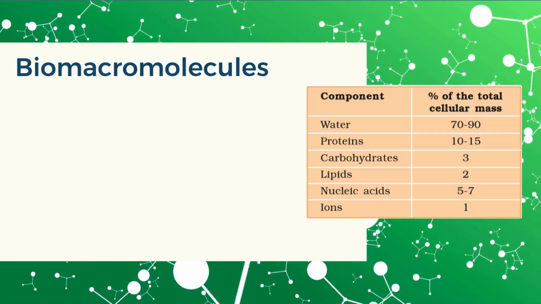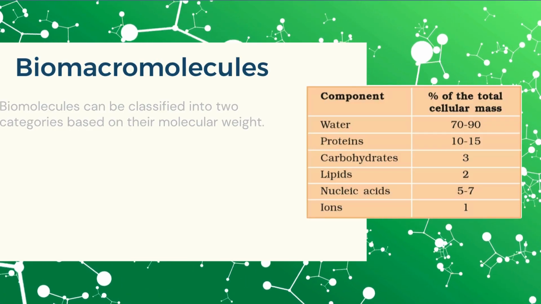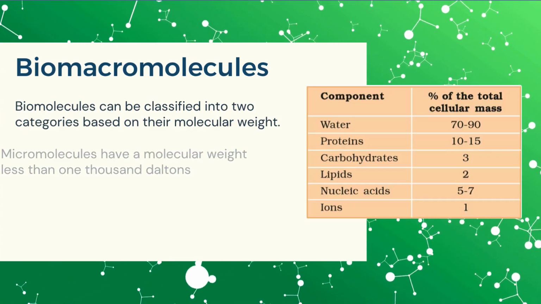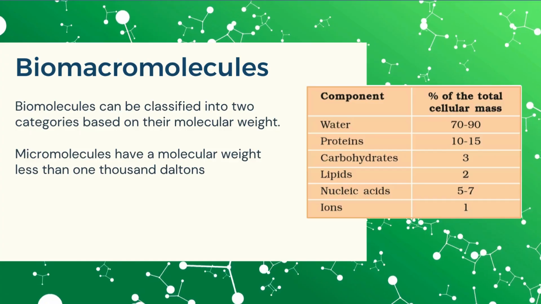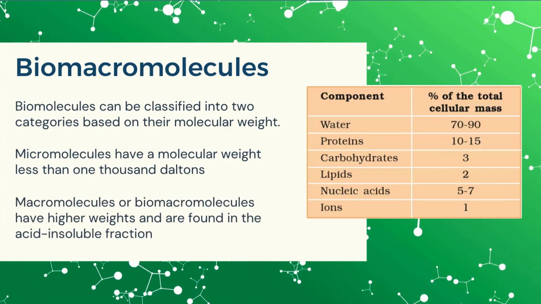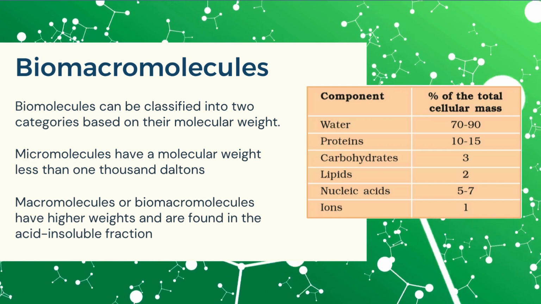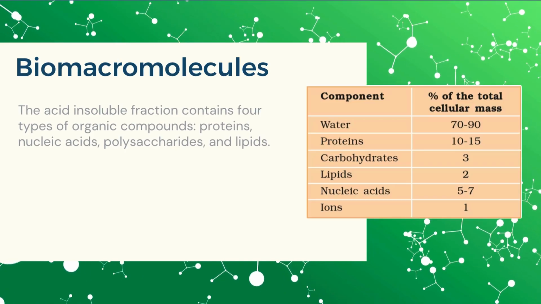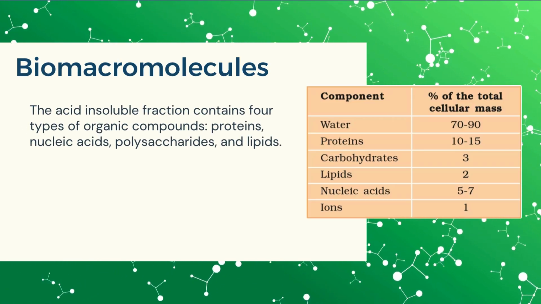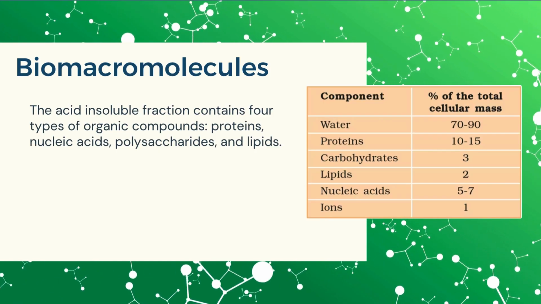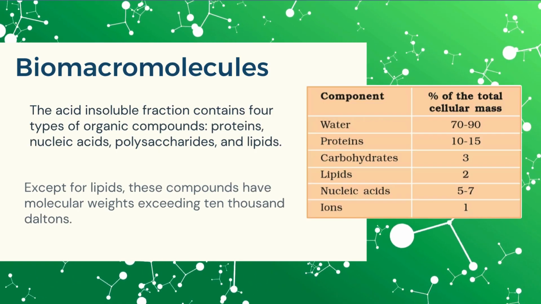Now, let's move to biomacromolecules. Biomolecules are divided based on molecular weight. Micromolecules have a molecular weight less than 1000 daltons. Macromolecules or biomacromolecules have higher weights and are found in the acid-insoluble fraction. 4 major types of organic macromolecules are proteins, nucleic acids, polysaccharides, and lipids.